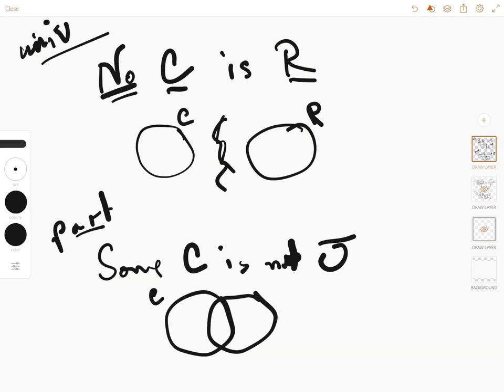So this is the cow circle here and the Jersey circle here. And again, because of this overlap, we have three regions. We have the region of C's that are outside of J, in other words, excluded from J. That's what this proposition is about. Some members of C are not members of J, right?